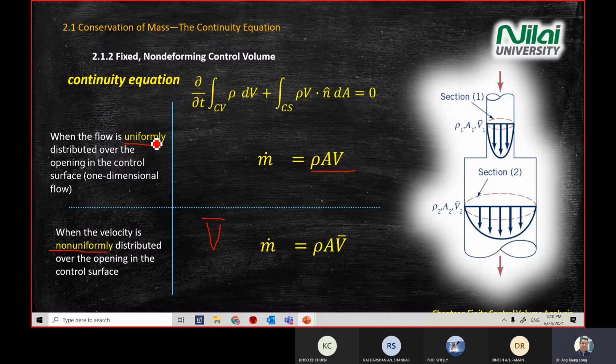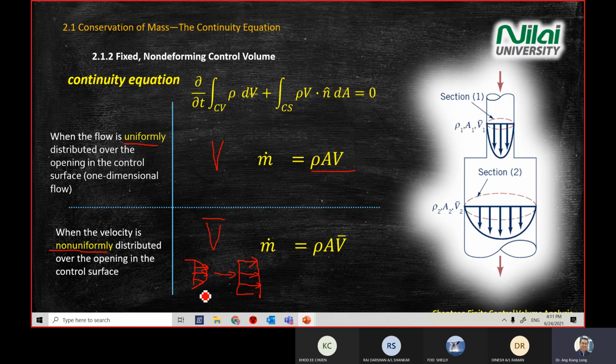If it's uniform, we use the normal velocity. If it is mentioned that the velocity is non-uniform, we will convert the non-uniform flow, like the parabolic flow that we demonstrated in the previous example, to uniform flow.